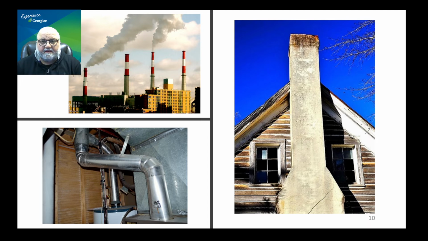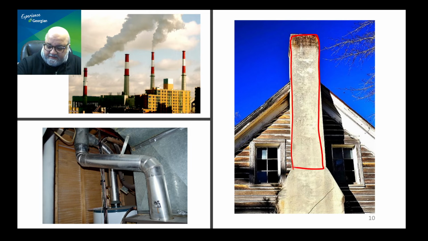Here are three completely different applications of heat generation. Sorry, two of them are residential, but maybe three different applications of venting systems. So in this case, this chimney, it's not cylindrical, but it still falls under that general description of a conduit taking the combustion product to the atmosphere.